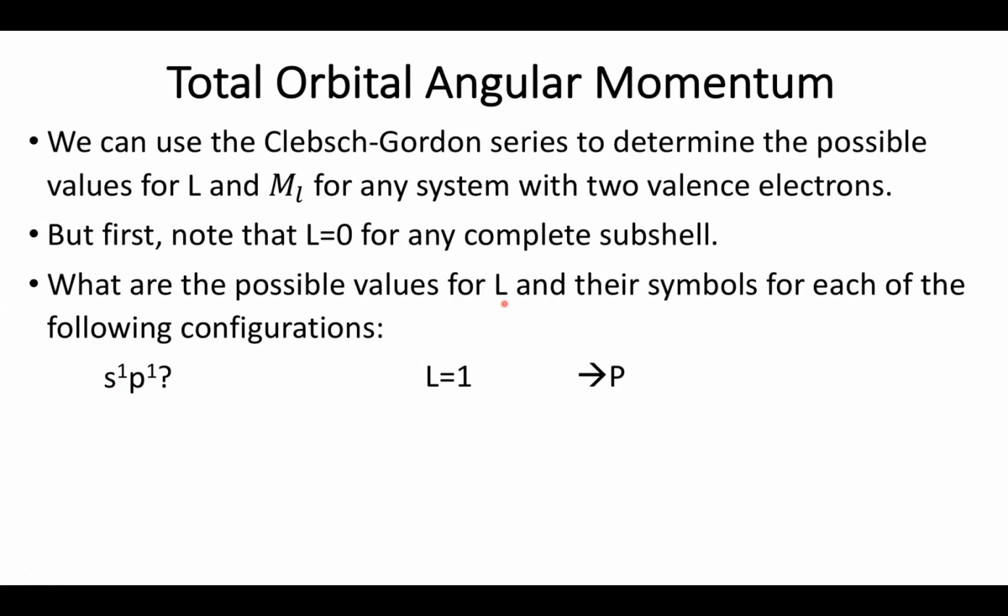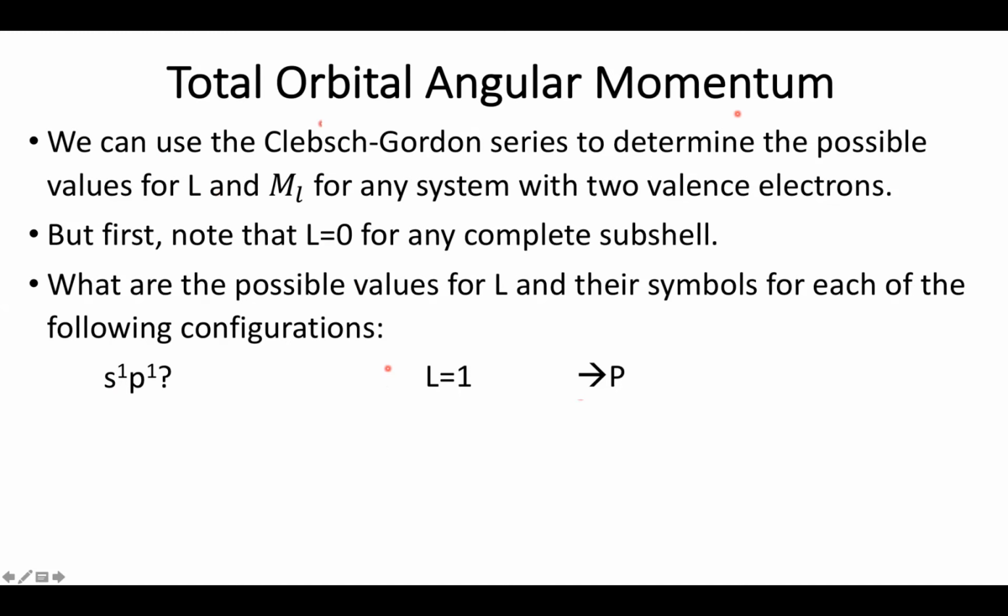So for this case, I only have one potential value for my total orbital angular momentum, and that's 1. And it has a corresponding symbol of P. But it will have potential total magnetic numbers of 1, 0, or minus 1. All right, so we luck out a little bit when dealing with s orbitals because they don't offer anything to our total orbital angular momentum.